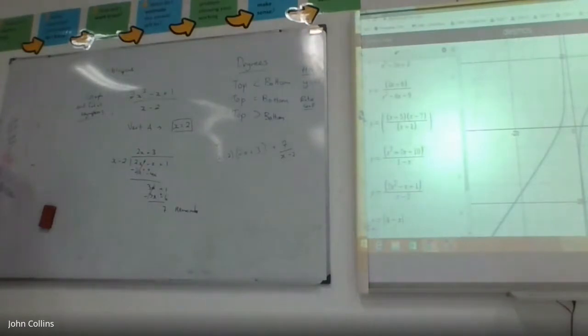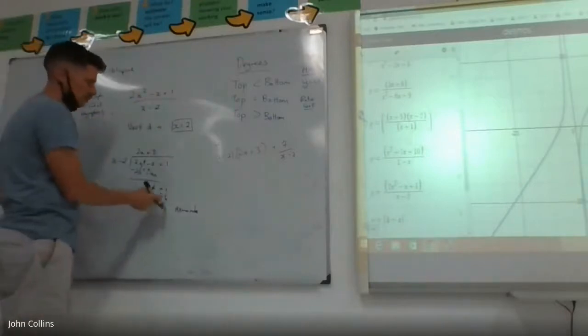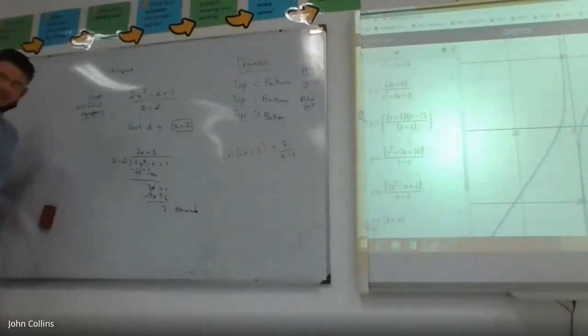The remainder on top of the original denominator. Yes. x minus 2 fits into this 2x plus 3 times, we've got a remainder of 7 divided by it still, a bit like a fraction.